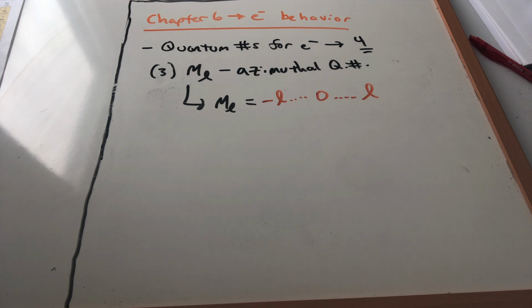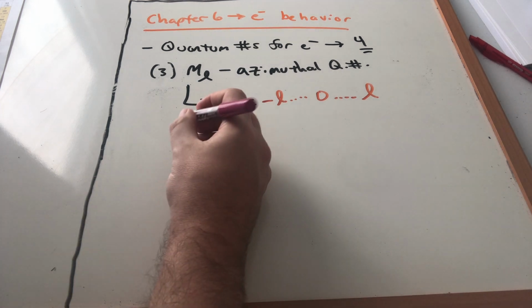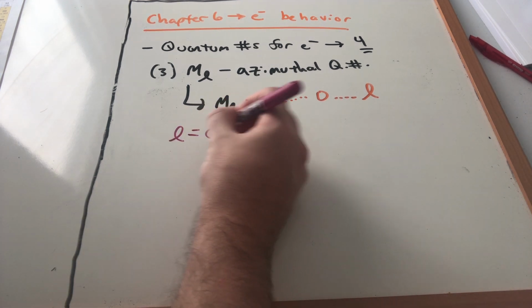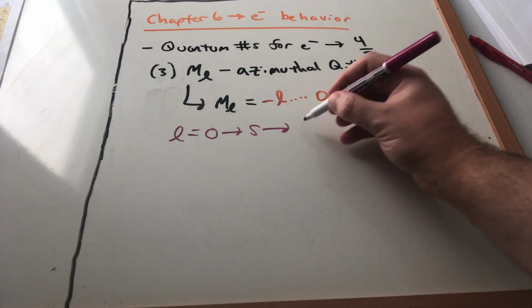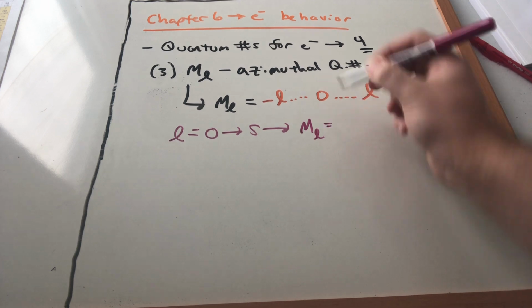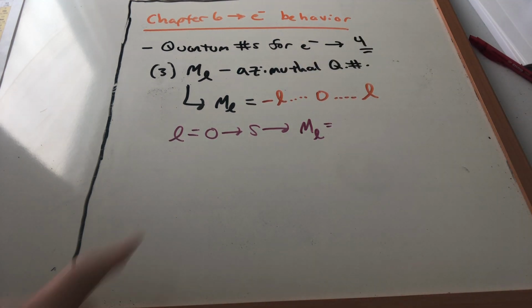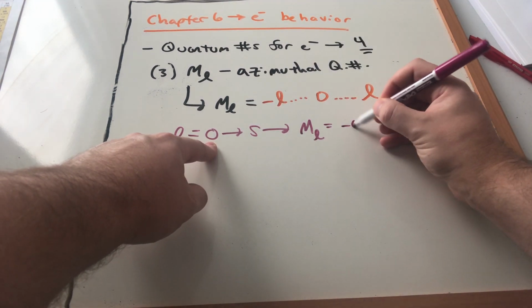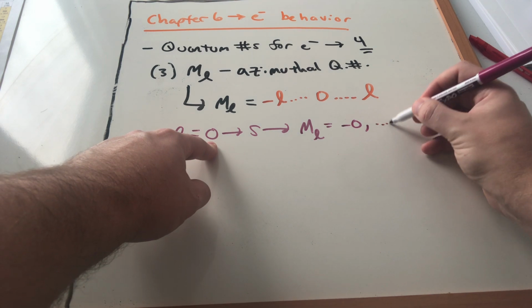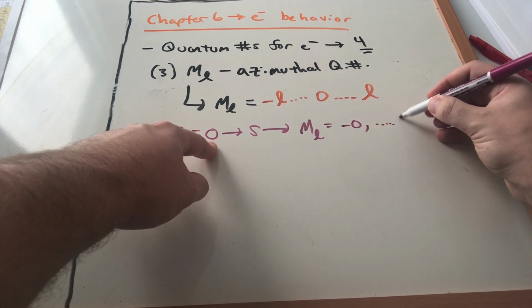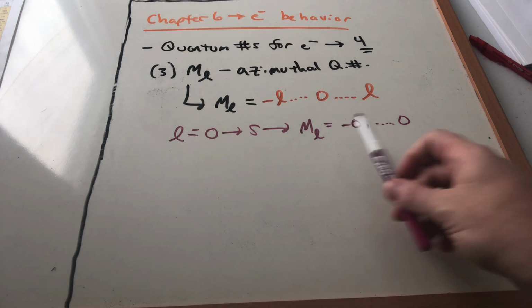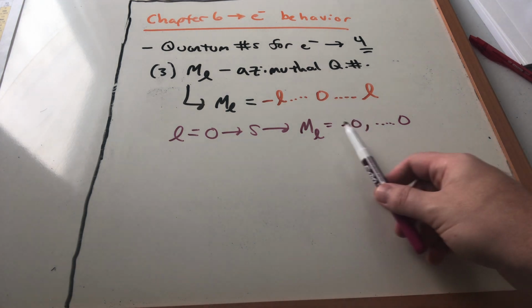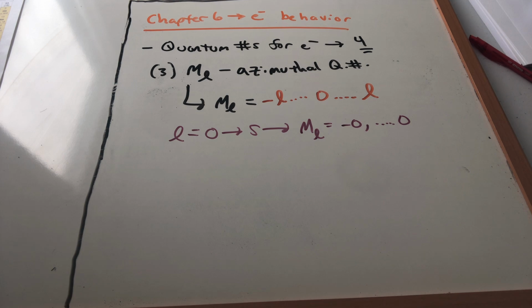So let's look at those 3 cases that we just looked at for L. If we have L equals 0, we know that's an s orbital. Well, what m sub L's are allowed? By this rule, I take negative L, which is negative 0, and count all the way up through 0 to positive L, which is 0. Well, hold on, this is way more complicated than it needs to be. Negative 0 is 0.